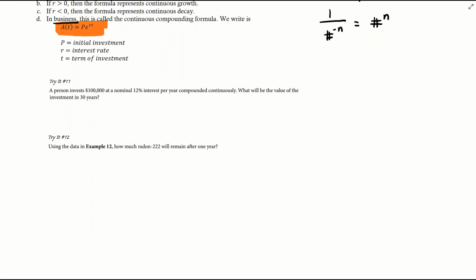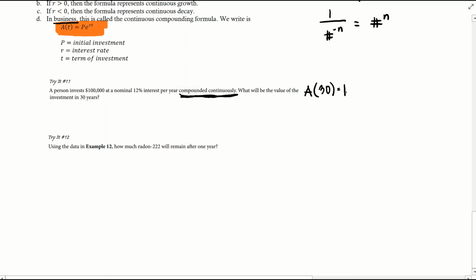So if someone was to invest $100,000 at a 12% interest rate per year, compounded continuously, this is when we use E. What will be the value of the investment in 30 years?